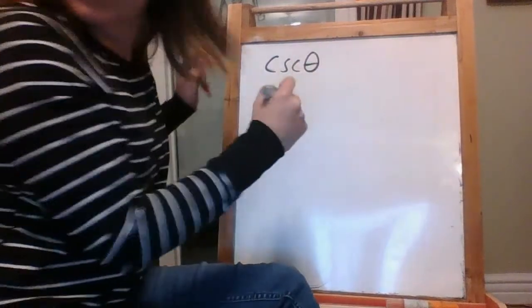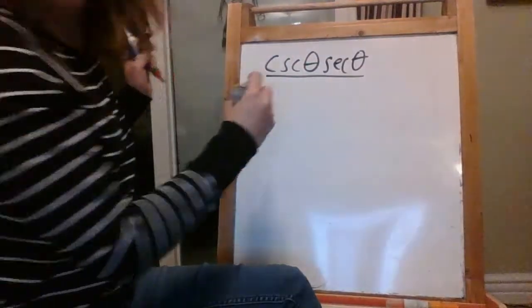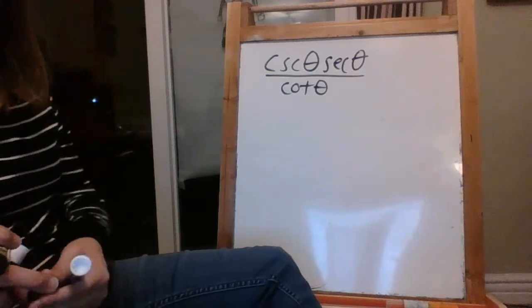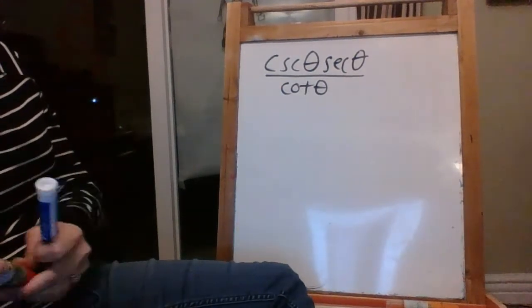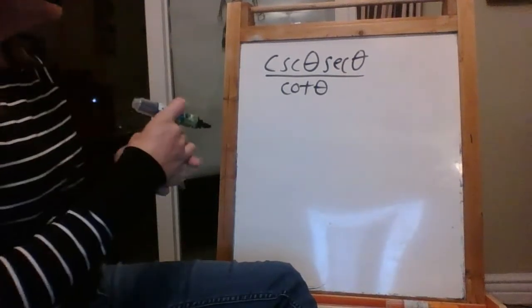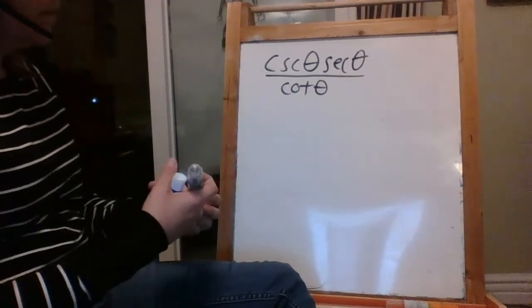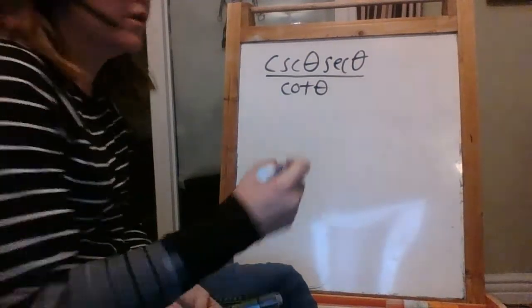Cosecant theta times secant theta all over cotangent of theta. So here we are supposed to simplify the expression to a constant, a single function, or a power of a function. We're trying to simplify things and get rid of a fraction. I don't see any Pythagorean identities screaming out at me, so I'm going to put everything in terms of sines and cosines.